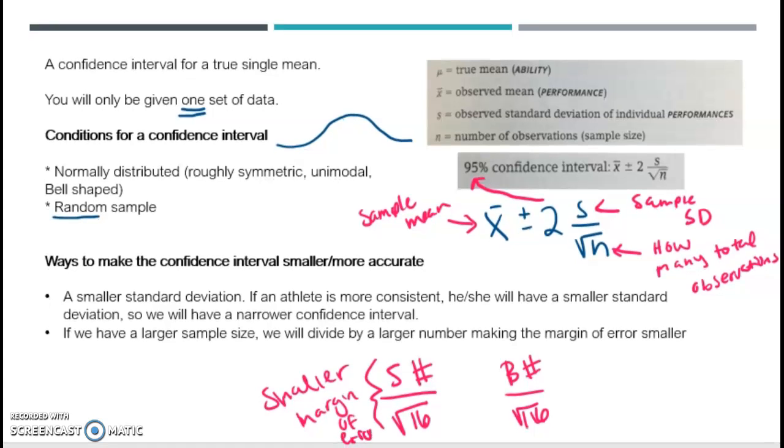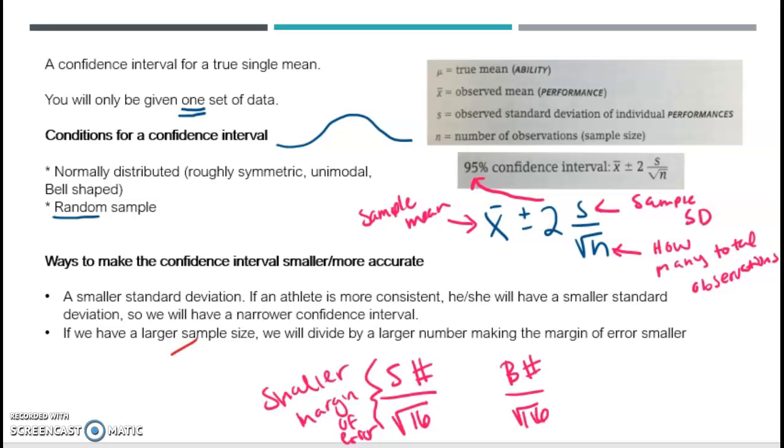So a more consistent athlete, or someone who has data that's closer together, is going to have a smaller, more narrow confidence interval. And then there's another way that we can make our confidence interval more narrow and just more accurate, which is by looking at a larger sample size.